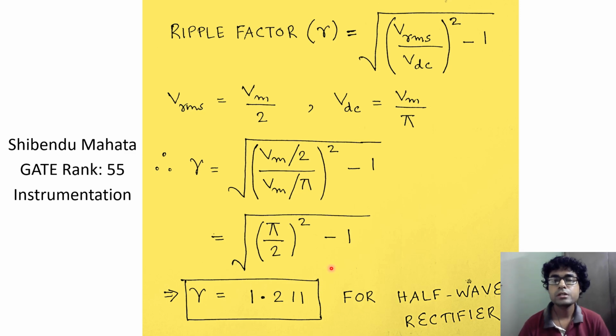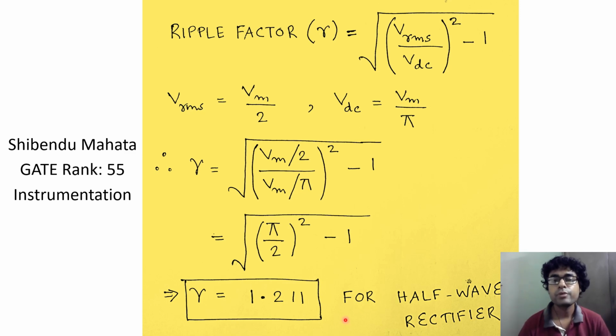But because the output of a half wave rectifier is an impure DC, there is a substantial amount of ripple present, so much so that the Vrms value is much more as compared to the VDC value, and therefore we end up with a ripple factor of 1.211.